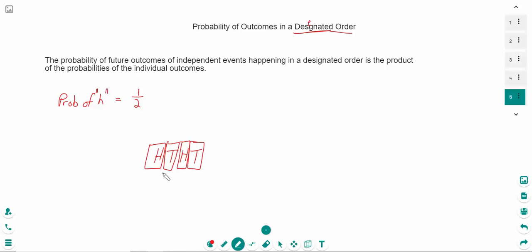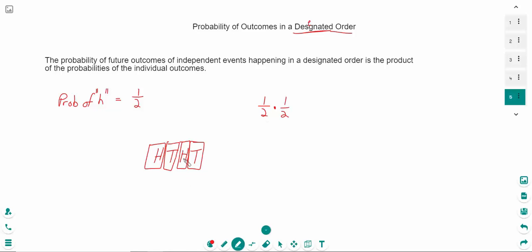Okay? That's how we would find the probability of all of these events occurring in the order that we've given it here. So what's the probability of the first event, heads? Well, we already said that. It's 1/2. What's the probability of the second event of getting a tails? Well, that's also 1/2. So we're going to multiply 1/2 times 1/2.